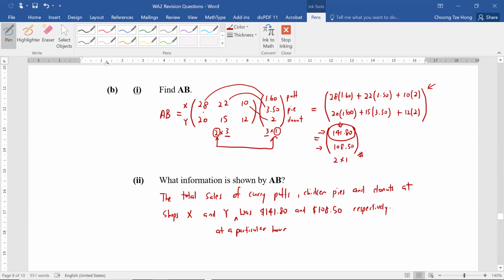Since we are dealing only with shop X, we just need to use this rule for the multiplication. We do not need a 2 by 3 matrix to multiply by the 3 by 1 matrix for the cost price. We just need a 1 by 3 matrix with the elements from shop X only.